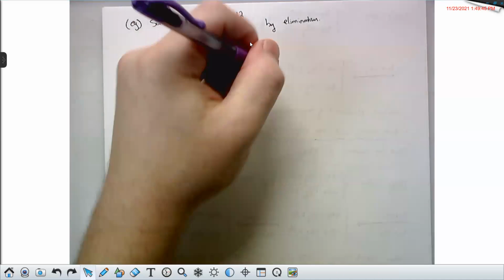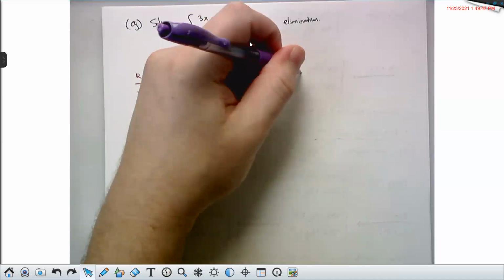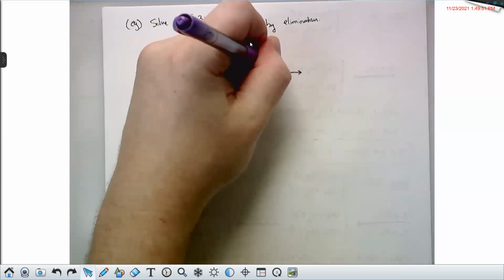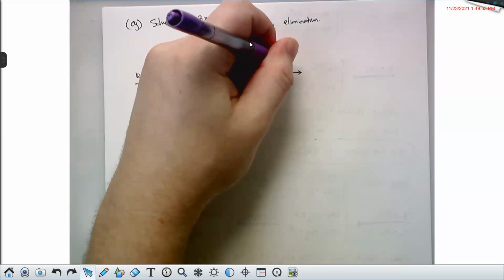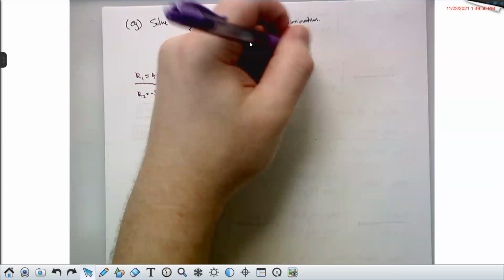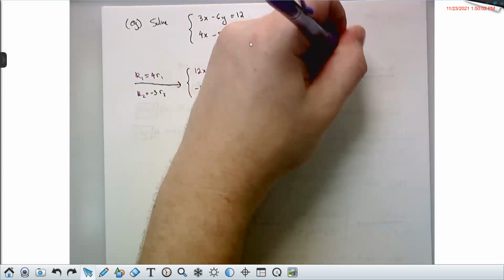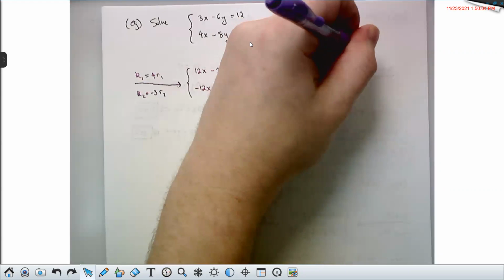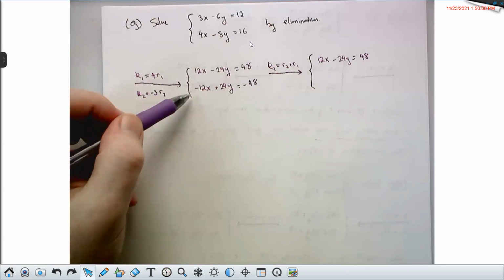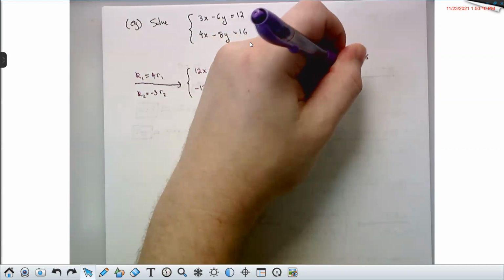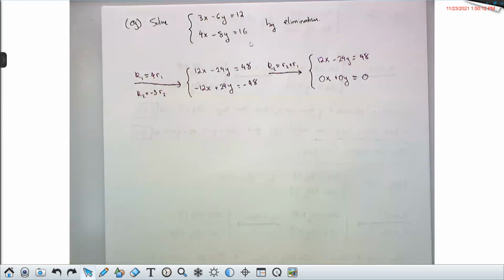And continuing in the same fashion as the other problems, if I now add the rows, row 2 is old row 2 plus old row 1. My first row is still 12x minus 24y equals 48. But row 2 is going to become 0x plus 0y equals 0.